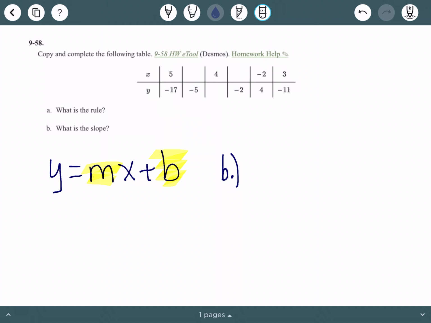Let's just skip on over to this 3 here. So we're given a 5 and a 3. So we know that's a difference of 2. Now let's look at their outputs. We have negative 17 and negative 11.